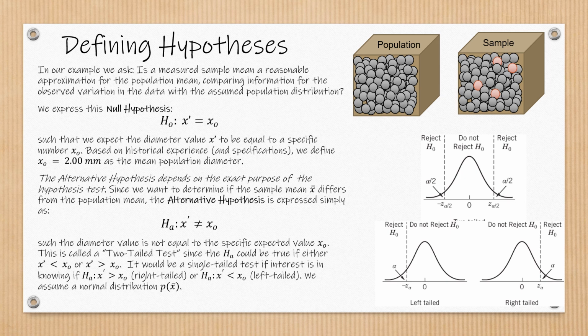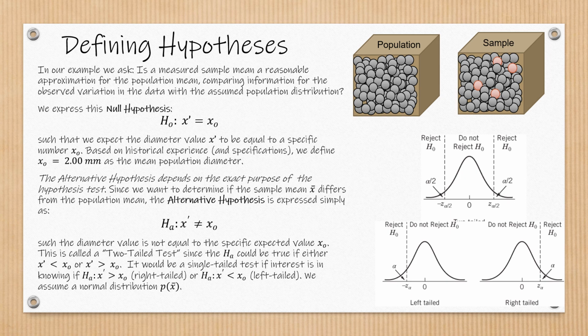The alternative hypothesis depends on the exact purpose of the hypothesis test. Since we want to determine if the sample mean x bar differs from the population mean, the alternative hypothesis is expressed simply as x prime not equal to x naught, such that the diameter values are not equal to the specified value x naught.